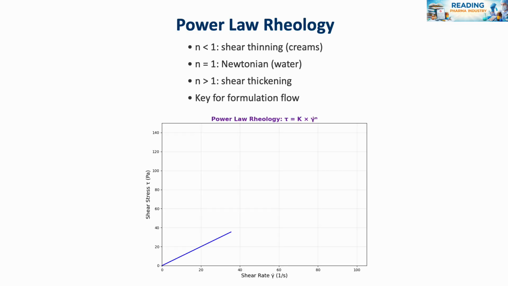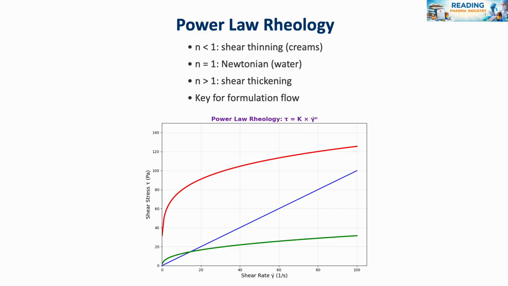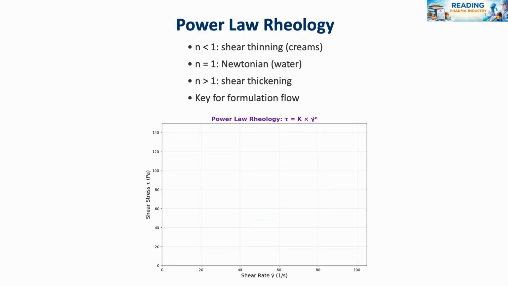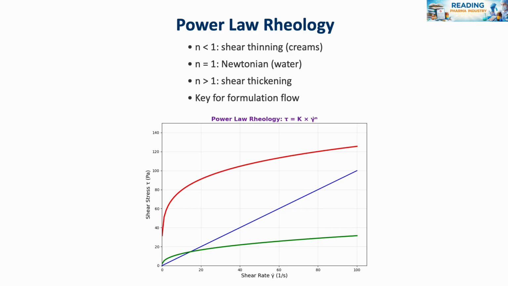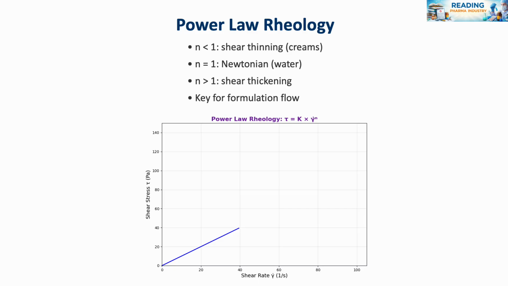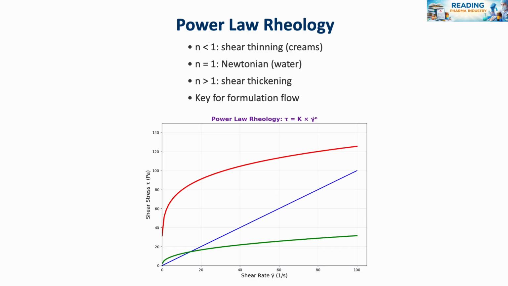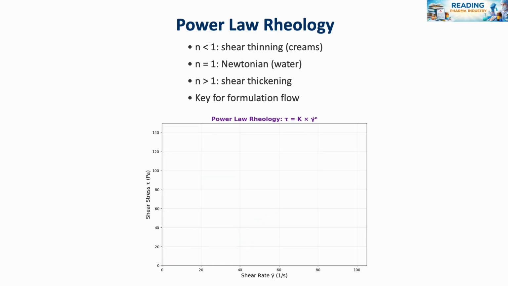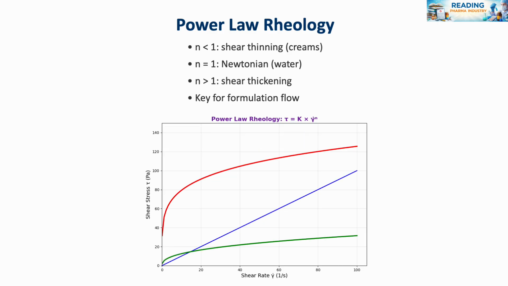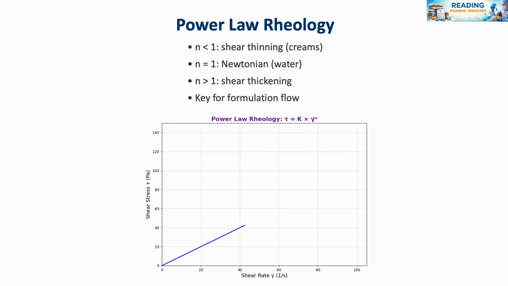In rheology, we use the power law, and in this case n is the flow behavior index. If n equals 1, we call that Newtonian, meaning a constant viscosity, just like water. If n is less than 1, it's called shear thinning, so viscosity decreases under shear, just like most creams and lotions.